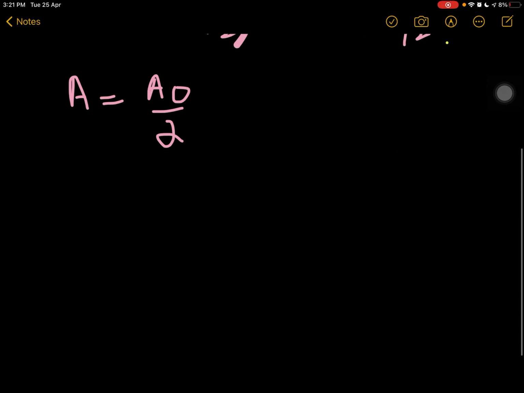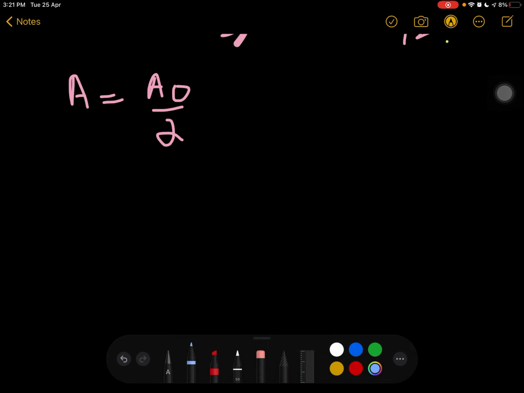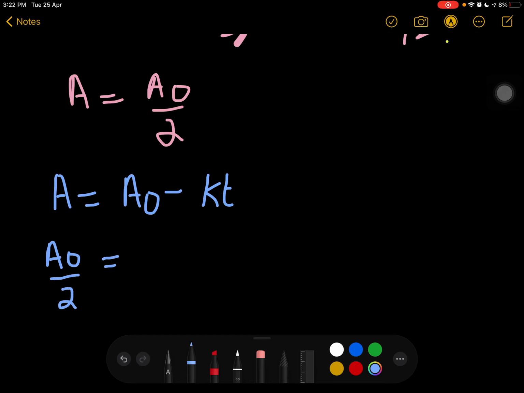So let's put both these things into the formula which we derived in my previous video, which is A is equal to A naught minus KT. So A, which is here equal to A naught upon 2, is equal to A naught minus K, and time is T1 upon 2.